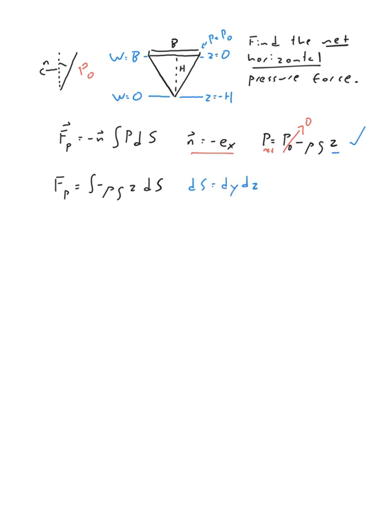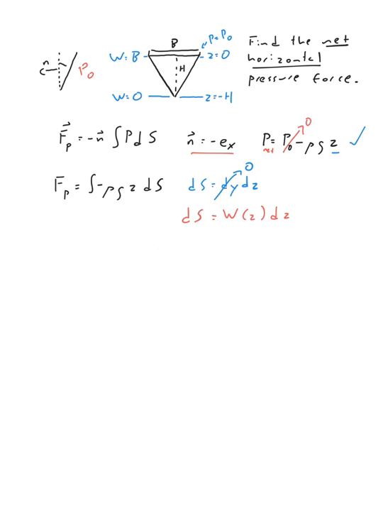We can't do that because our dy or our width is going to change with z because it's not a rectangle. What does that mean? That means that we will say instead that dS is equal to width, which is a function of z, times dz.